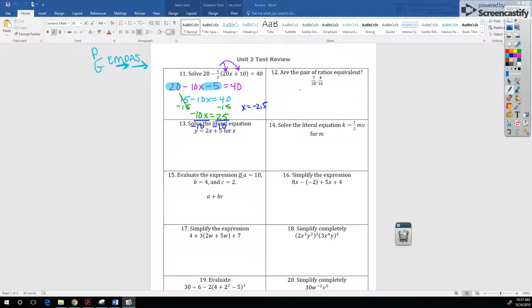Kind of a weird answer, so I'm going to check this and make sure everything's working out. So plugging this number back in, 20 minus half of 20 times negative 2.5 plus 10 should equal 40. So using my order of operations, 20 times negative 2.5 is negative 50.